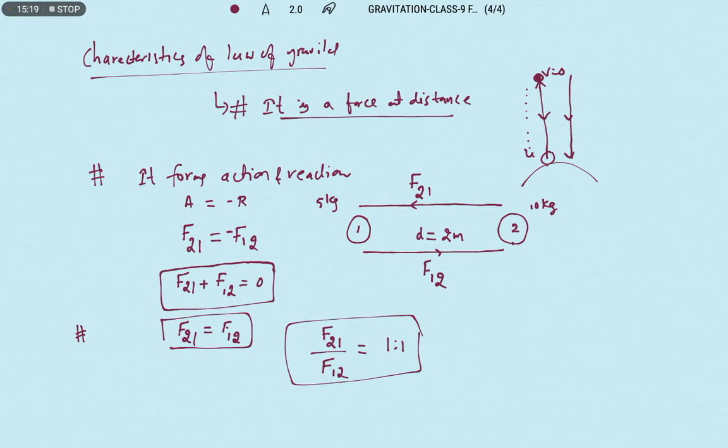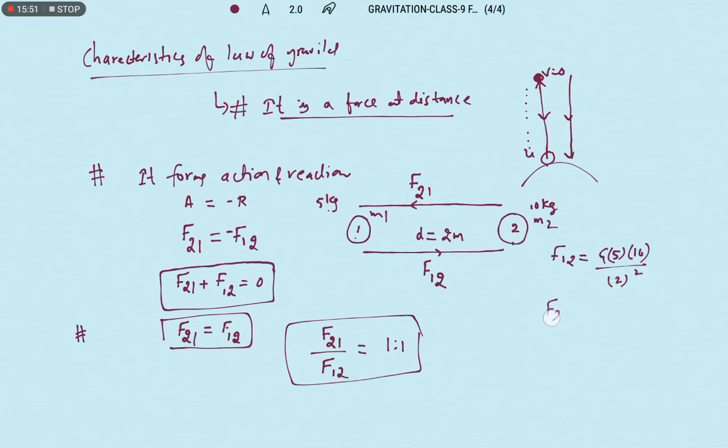Why? Because whatever force is exerted by 5 kg on 10 kg is equal to the force exerted by 10 kg on 5 kg; both are the same, even though the masses are different. So F12 we can write as G into 5 into 10 by d square, that is M1 M2 by 2 square.